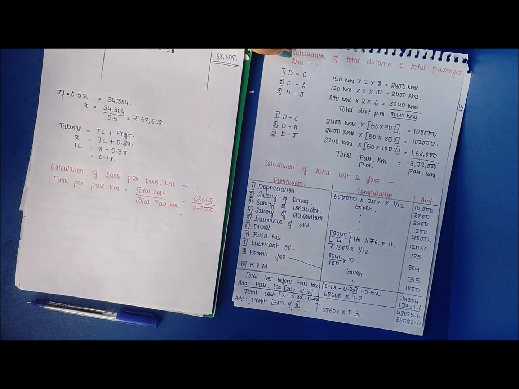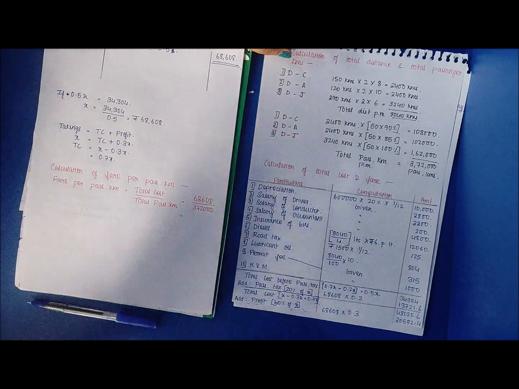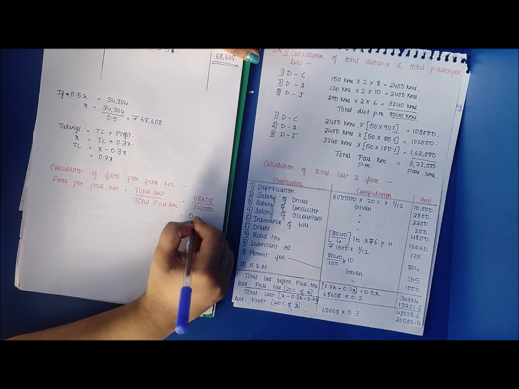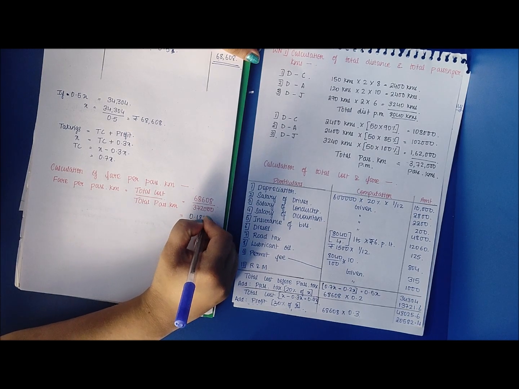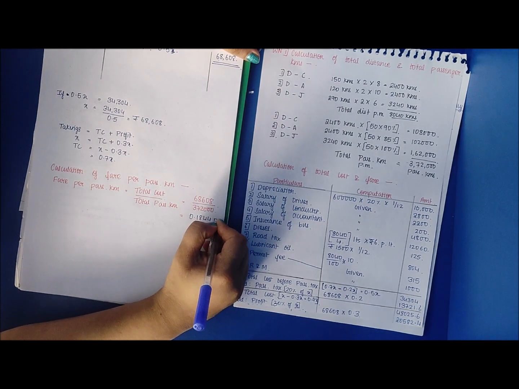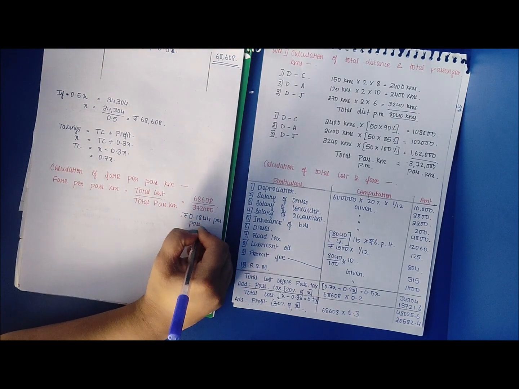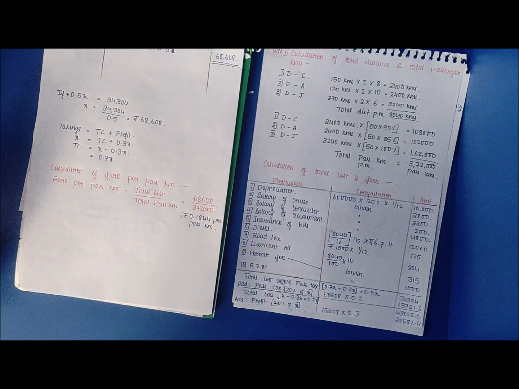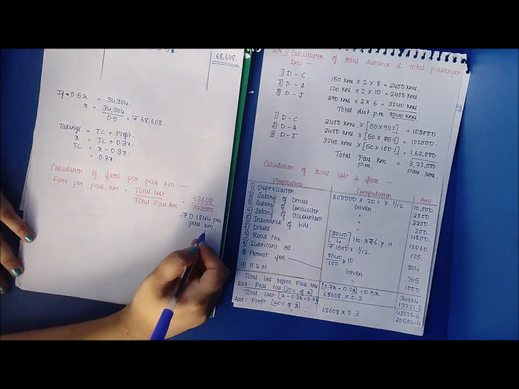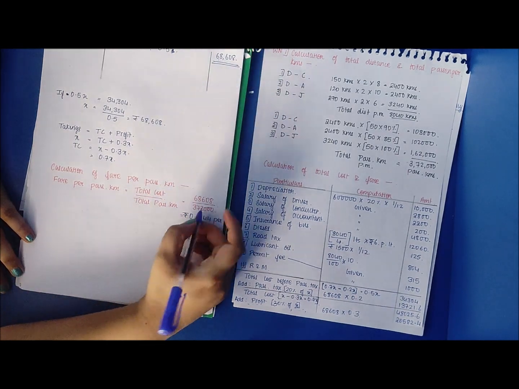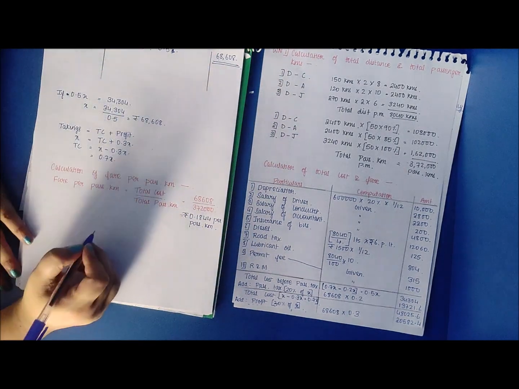That is equal to 0.1844 rupees per passenger kilometer. I always prefer taking up to 4 decimals. This is the fare per passenger kilometer. That means if one passenger is traveling for 1 kilometer, then we should collect this much from the passenger.